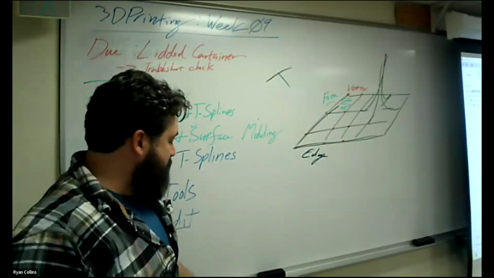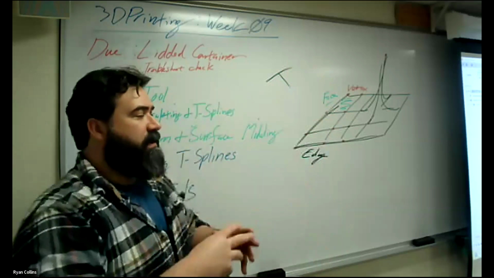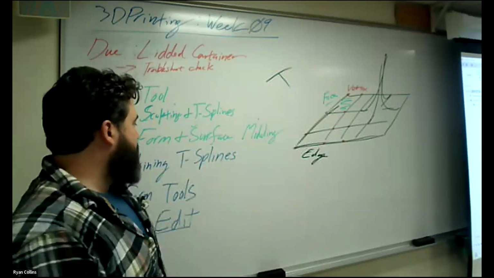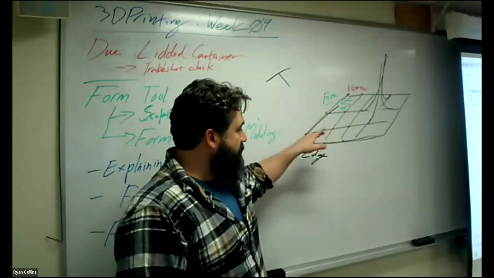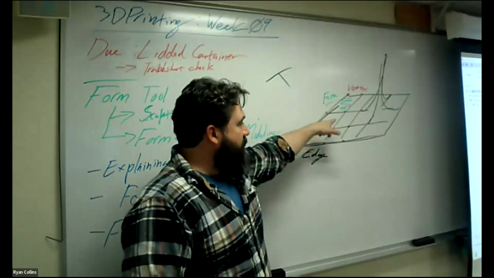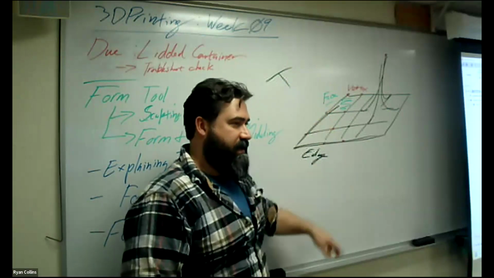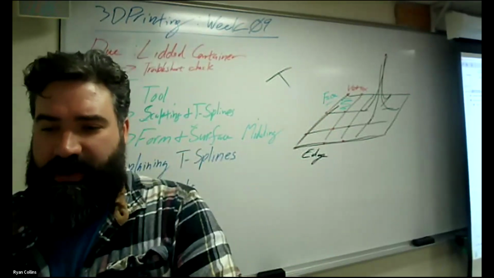But that's essentially how this works. By creating basic forms and manipulating from there, you can add, subtract, do whatever you want. But that's really at the core. Remember that everything that's aligned is an edge, where they intersect is a vertex, and the space in between is a face. So let me pop over to Fusion and we'll start playing with this.